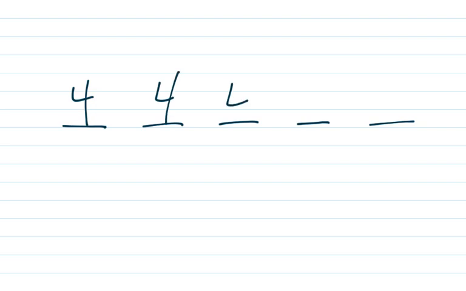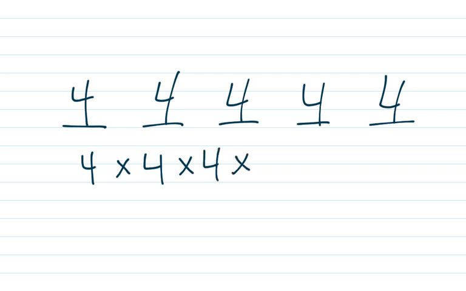Let's say we were taking a 5-question multiple choice test where each problem has 4 choices. So I'm going to draw a line for each question. There are 5 total questions. There are 4 answer choices for each question. To find out how many possible ways you could answer the questions, you would do 4 times 4 times 4 times 4 times 4.